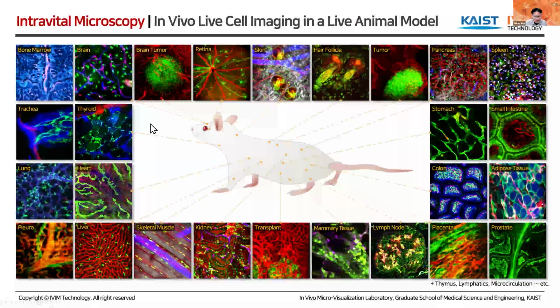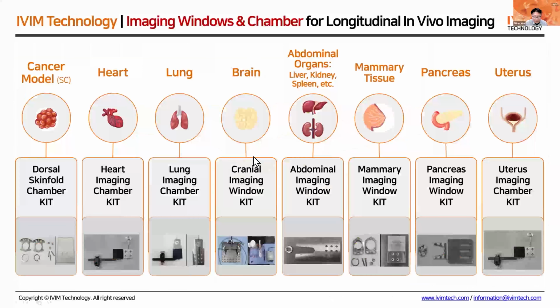Okay, so I showed most of the results and applications of using intravital microscopy to visualize the brain. And not just the brain, we can also provide the full set of imaging windows for other organs as well, such as lung, heart, and the cancer model, or abdominal organs such as liver, kidney, spleen.